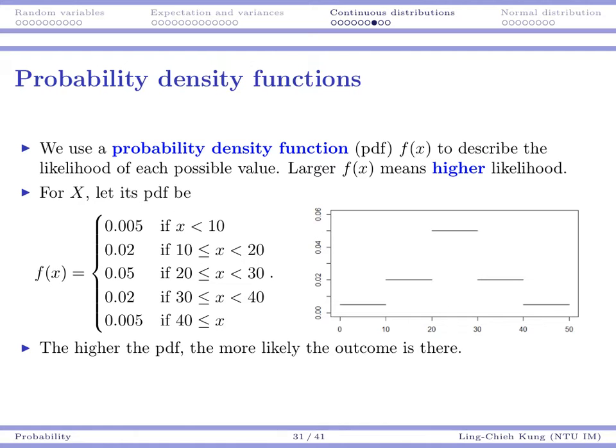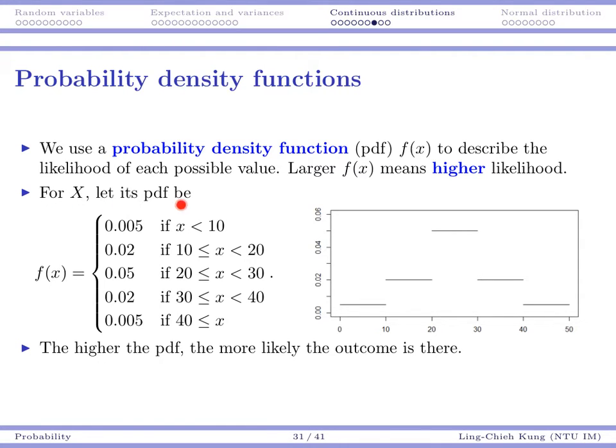Coming back to here, we use it to denote the likelihood for that value to happen. That means if f of x is larger, then the likelihood for the random variable's value to be around that particular value is higher.